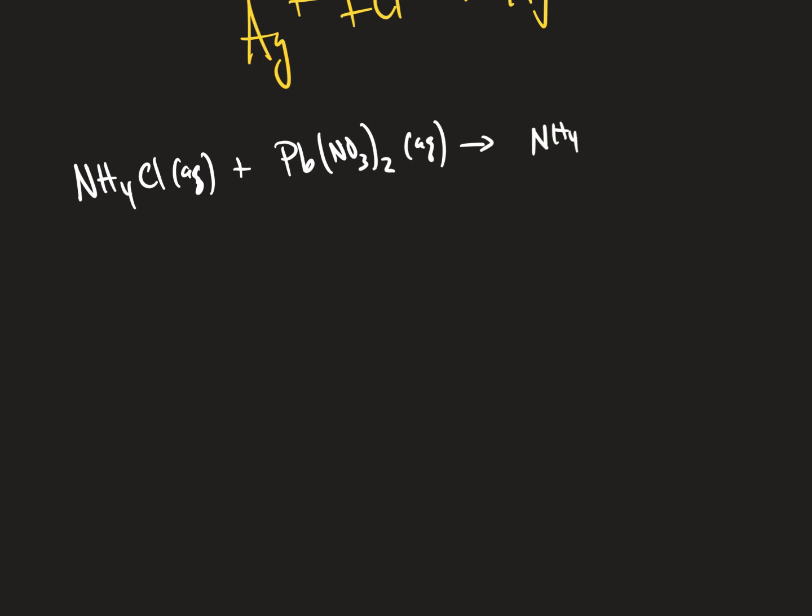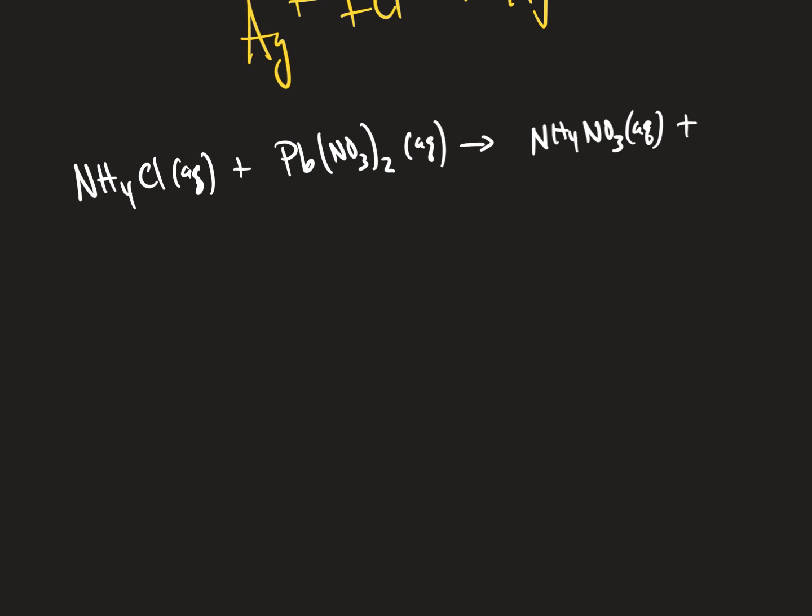Ammonium is a 1+ ion. Nitrate is a 1- ion. So it's a 1-to-1 ratio. NH4NO3. Is that aqueous or solid? Aqueous, because of either one, right? Aren't there two nitrates on the left side? There sure are. Why are there two?